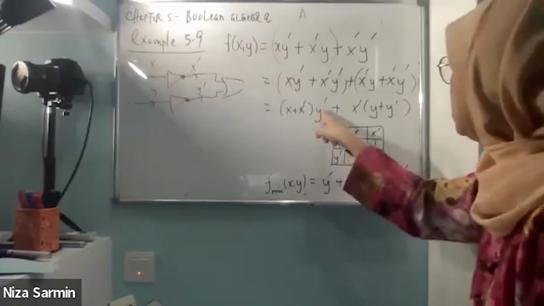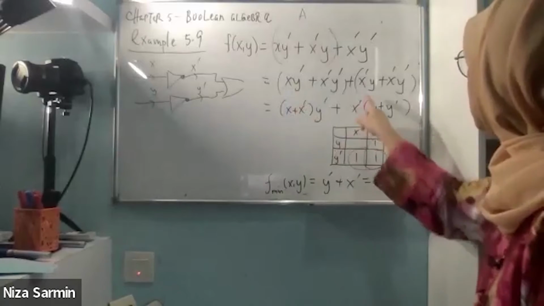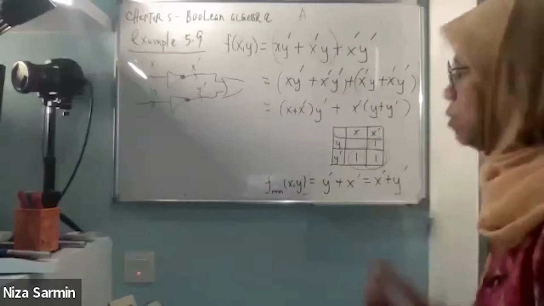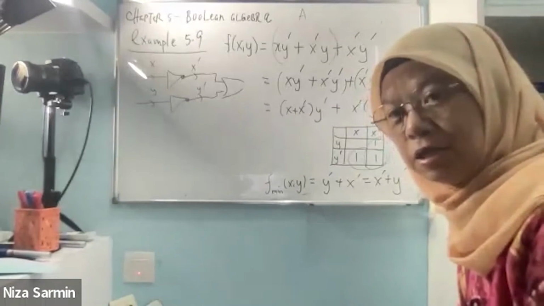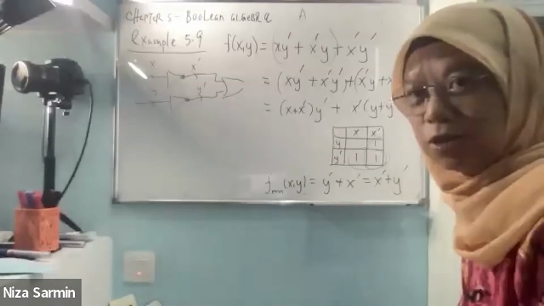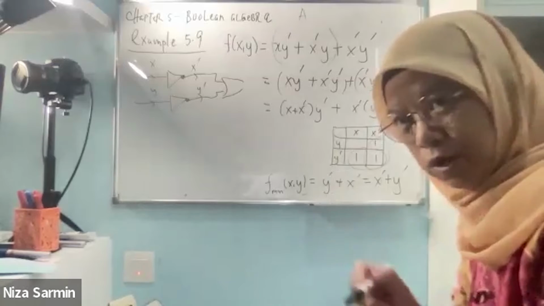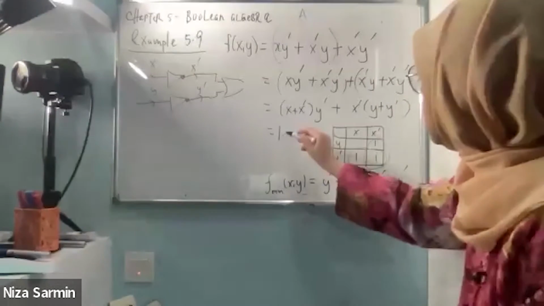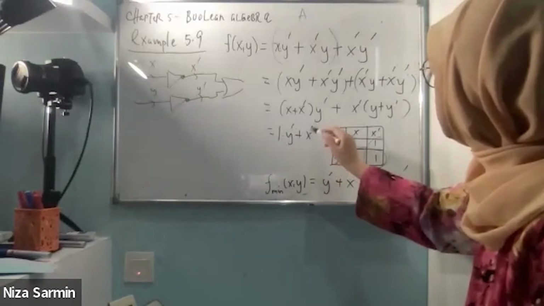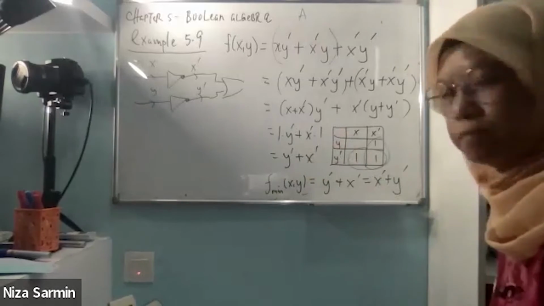Y prime, take it out. So what's left is x plus x prime, and x prime on the left, y plus y prime. And it's just one, right? X plus x prime is just one. You remember when we did the table before, it's all one. So this is just 1 times y prime plus x prime times 1, which is y prime plus x prime.